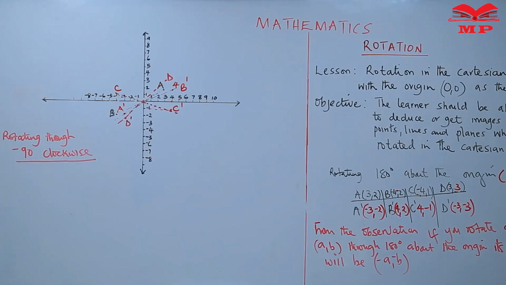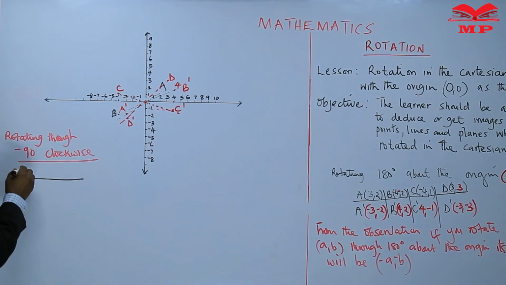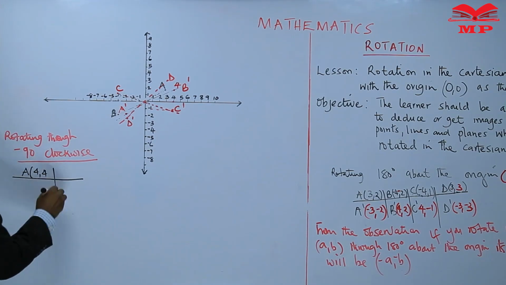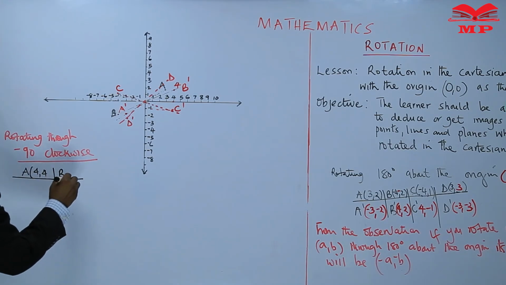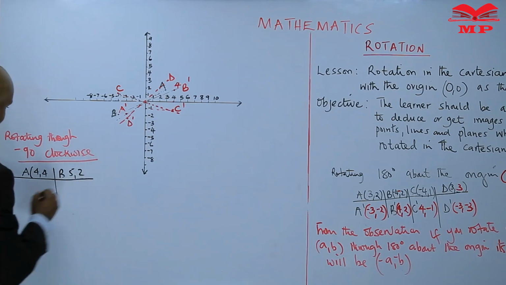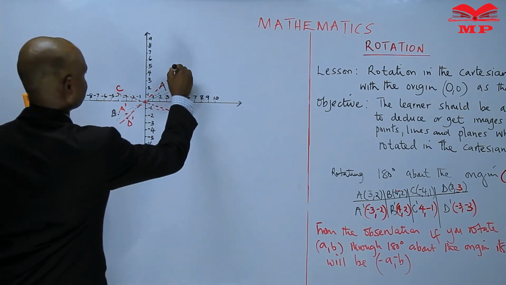So what you'll do, choose any point. You can use 2 points. A is 4, 4, B is 5, 2. Let's see what we shall get. Let's start with 4, 4. 4, 4 is here.